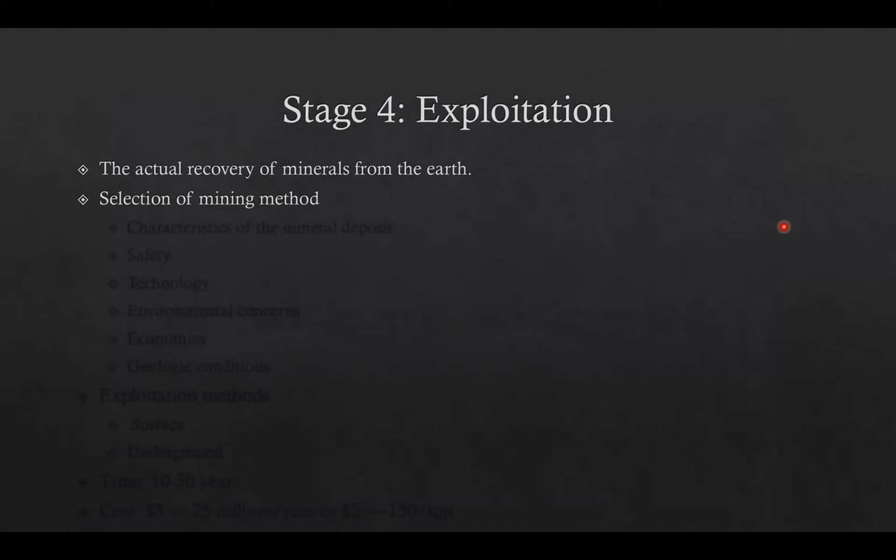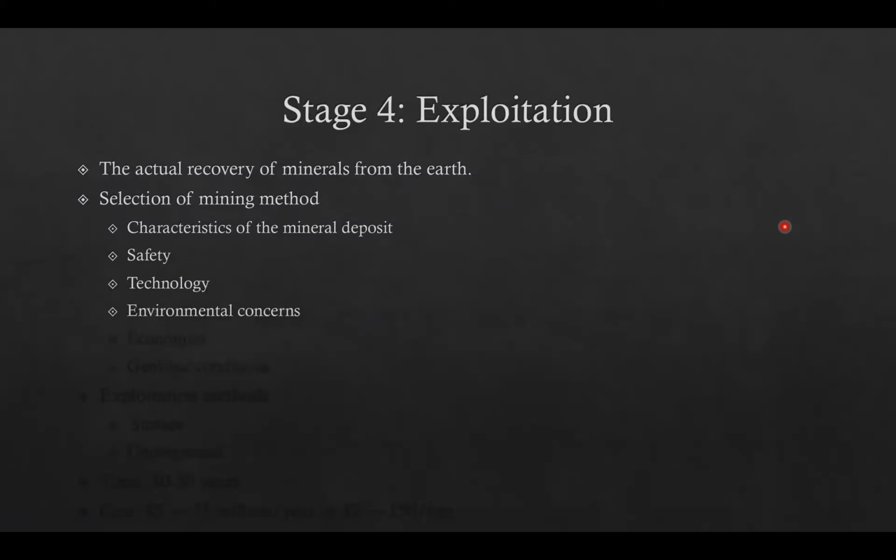It is determined mainly by the characteristics of the mineral deposit and the limits imposed by safety, technology, environmental concerns, and economics, as well as the geological conditions such as depth, shape, and strength of the ore and the surrounding rock.